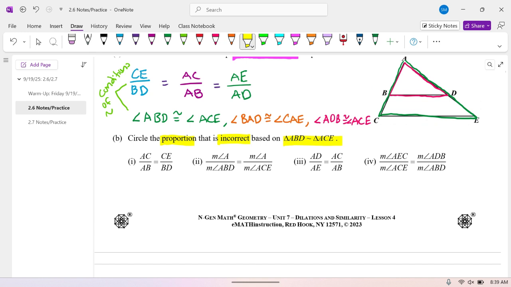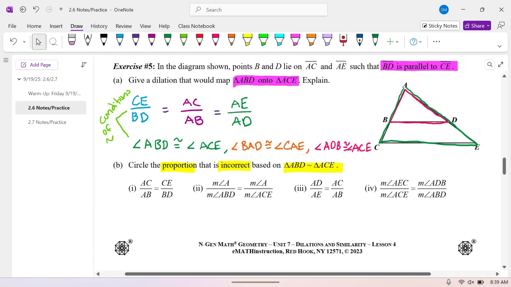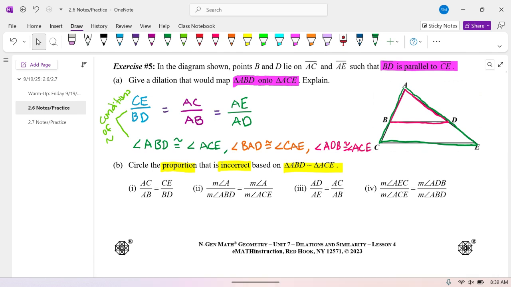Yes, we wrote it up here. Now, angle A has to be equal to angle A, and angle ABD has to be equal to angle ACE. Is that correct? So if we look back at the picture, angle A would just be that top angle that they both share. And then angle ABD has to be angle ACE. So yeah, that's true.